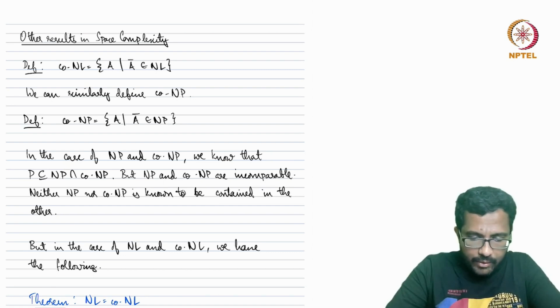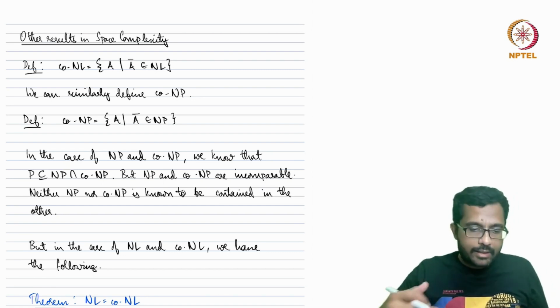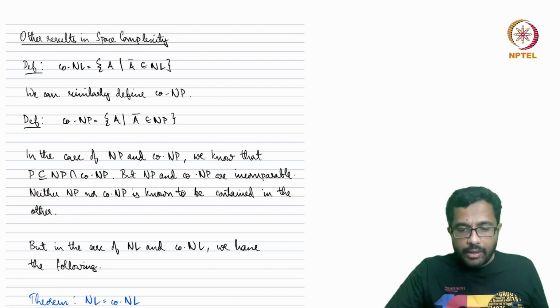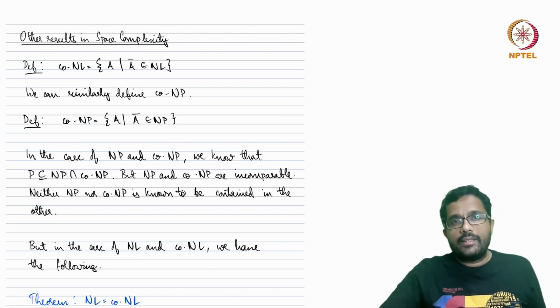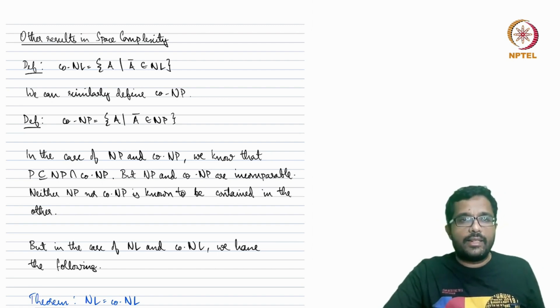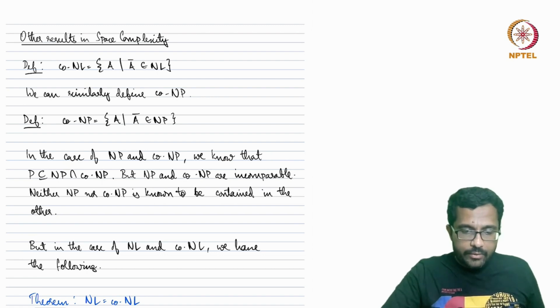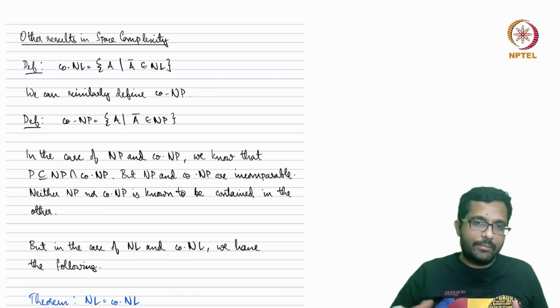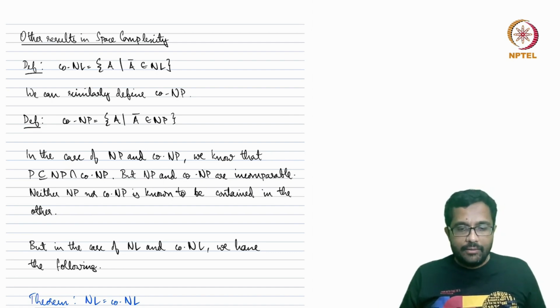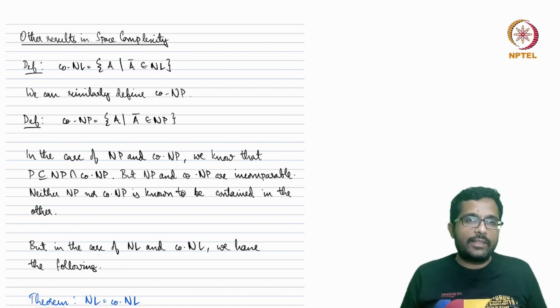In this lecture, I'll just quickly go over some of the other topics that appear in this chapter in the Sipser book, because we do not have the time in the rest of this course to completely cover these topics.